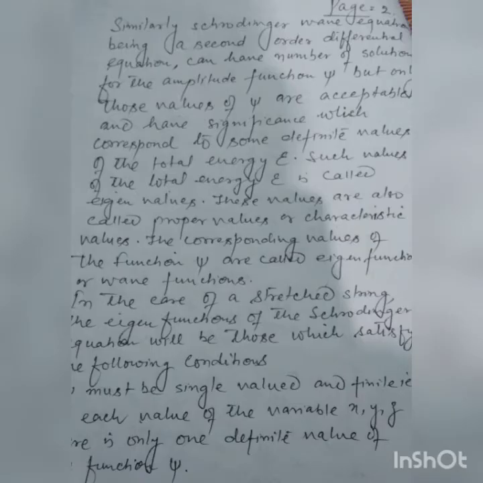Similarly, the Schrodinger wave equation, being a second order differential equation, can have a number of solutions for the amplitude function phi, but only those values of phi are acceptable and have significance which correspond to some definite values of the total energy E. Such values of the total energy E are called Eigen values.